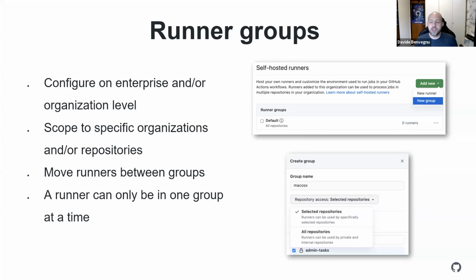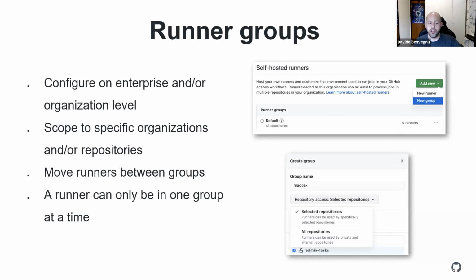Whenever you have self-hosted runners, you can create runner groups, which basically allow you to, as the name says, group pools of runners together for mainly two things: to scope those runners to specific organizations or repositories. Maybe you want to have a pool of runners for one team, another pool of runners for another team, and so on and so forth, so they don't conflict with one another.